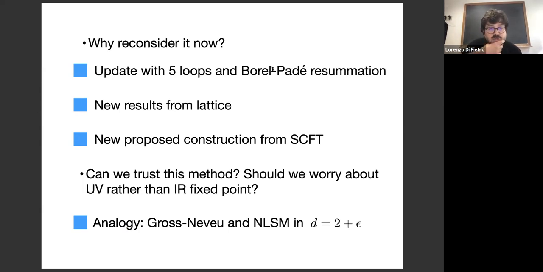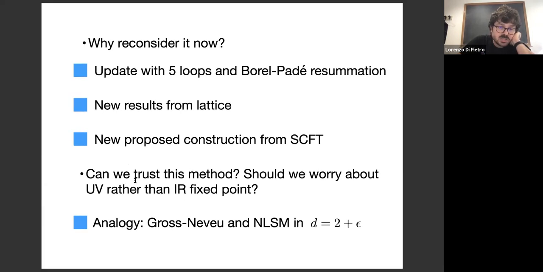So we use Borel-Padé. And also what motivated us is that there are new results coming from the lattice. That is what Joao will talk about. And also this new proposed construction from the superconformal field theory. So this is what led us to reconsider the problem.